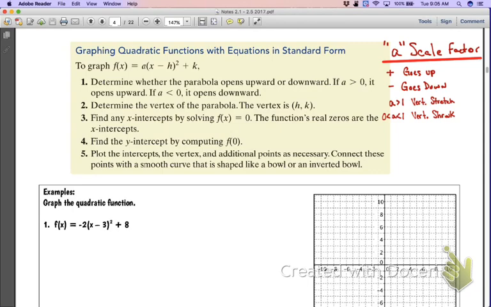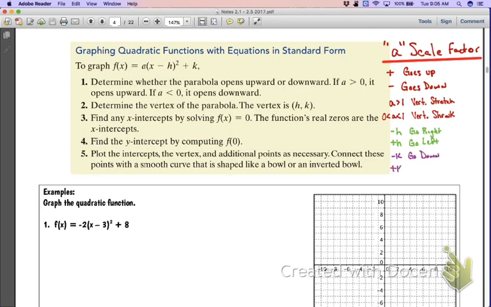Then whenever you deal with minus h or plus h, remember, minus h, it's going to go right. If it's plus h, it's going to go left. And then with the k, if it is minus k, your vertex is going to go down.